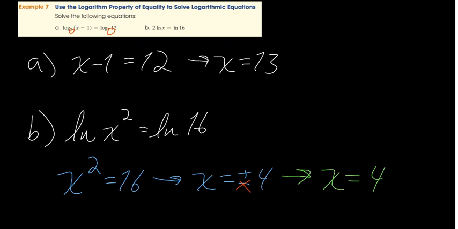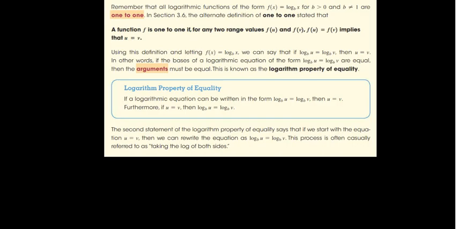Well, what happens if this is a log base 8? It's a horrible looking 8, but what if this was a log base 8? Right out of the gate, we can't necessarily solve it, because they have different bases, and we cannot use our logarithm property of equality, because this requires the bases to be the same. So that's why we use the change of base formula.